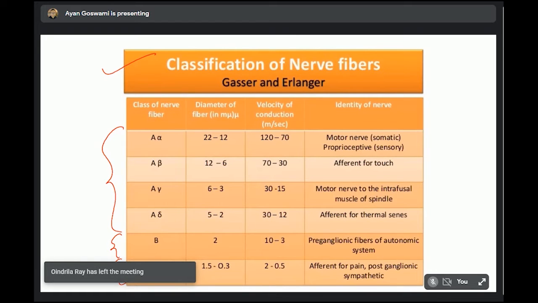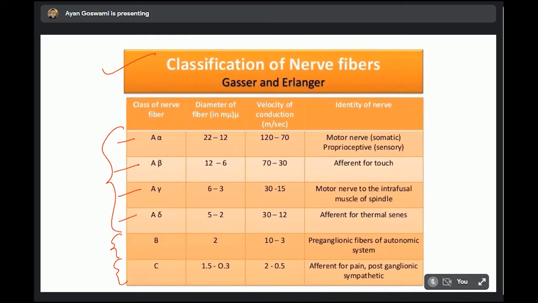And I guess all of you know that once a nerve fiber has myelin sheath, it has high velocity. The more myelin sheath, the more velocity in a nerve fiber. So under A, we have A alpha, A beta, A gamma, and A delta, right? From top to bottom, diameter is decreasing. Okay.